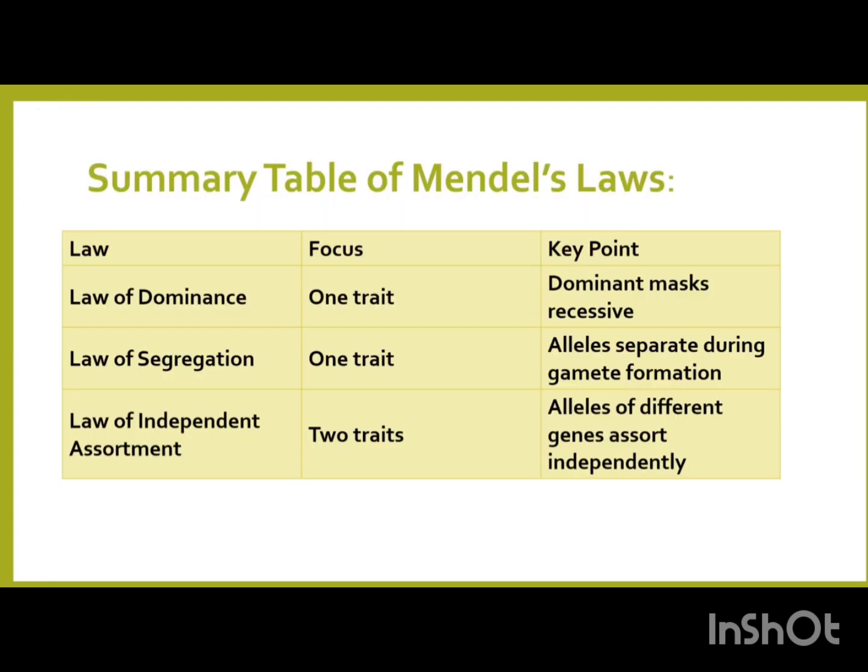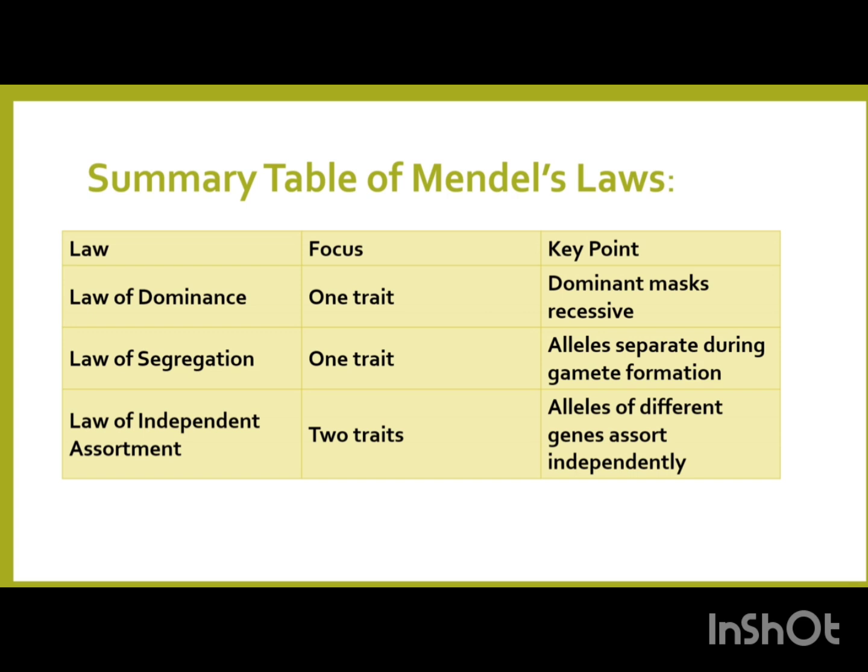Now if we want to summarize it, we'll find that the law of dominance focuses on one trait. The dominant trait masks the recessive trait. The law of segregation focuses again on one trait where the alleles separate during gamete formation. And the law of independent assortment focuses on two traits. Alleles of different genes assort independently.